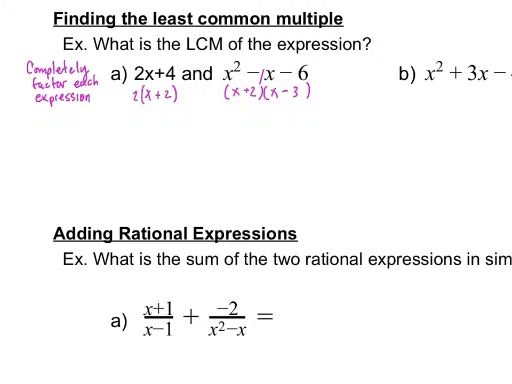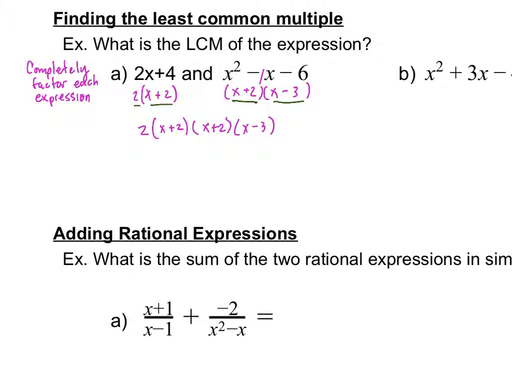Combining these, we have 2 as a possible factor, and then x plus 2 is a possible factor, and yes, they both have one of those. And then x plus 2 again here, and the next one is x minus 3.